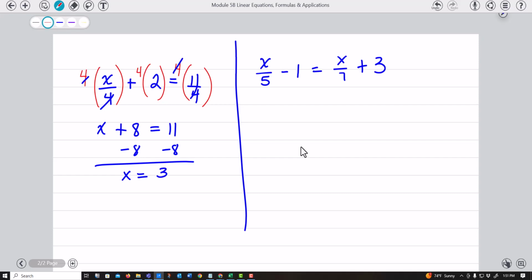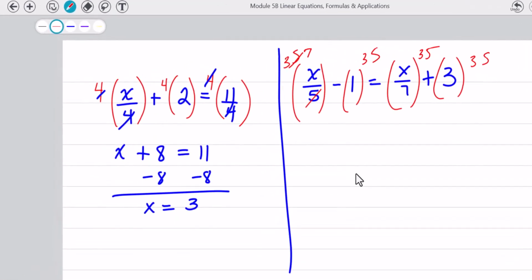What is a common denominator? Well, I can just say 7 times 5 and do 35. Every one of these terms I'm going to multiply, and that's where you have to be careful. You have to do it to every single term, right? And so 5 goes into 35 7 times, so I end up with 7x.